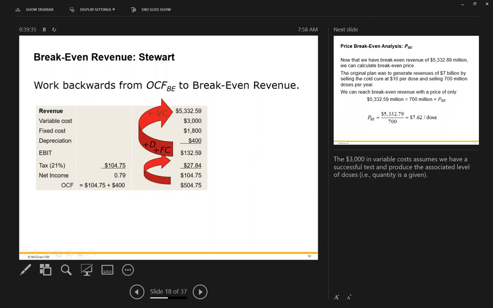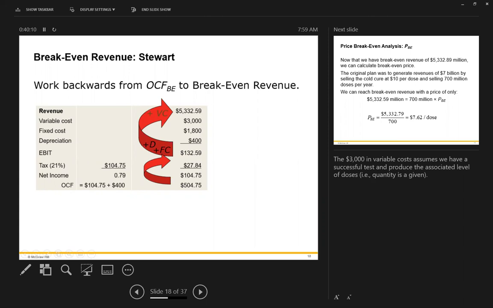So now we have to include all the items that would be above that. So depreciation is subtracted to get to EBIT, fixed costs are, variable costs are. So we would need to know those numbers. Okay, so they're given here. So if we subtract the 3,000, the 1,800, and the 400 from our revenue, then that'll equal 132.59.